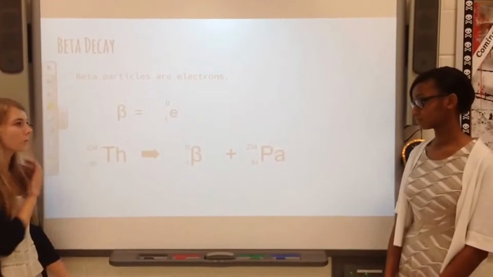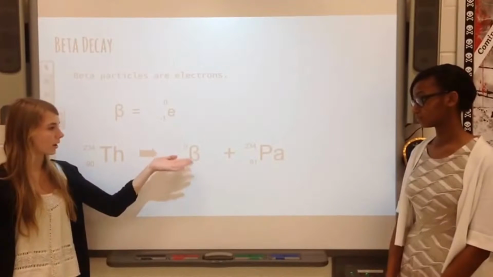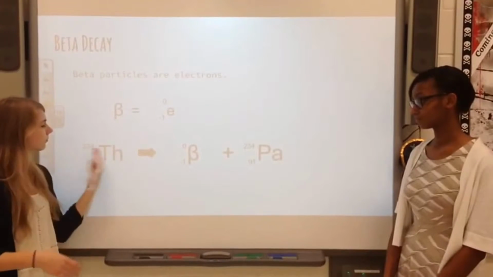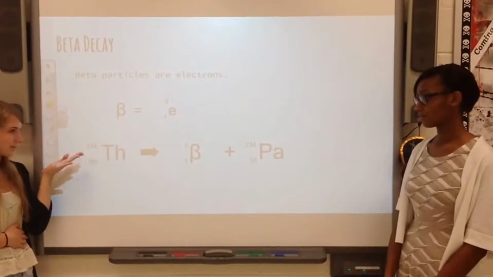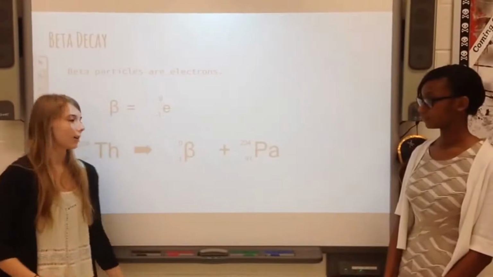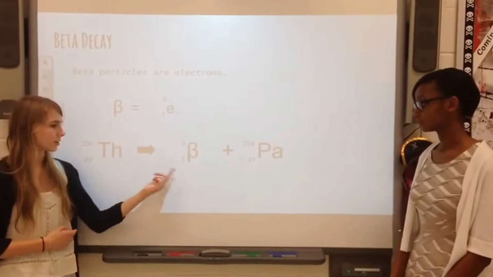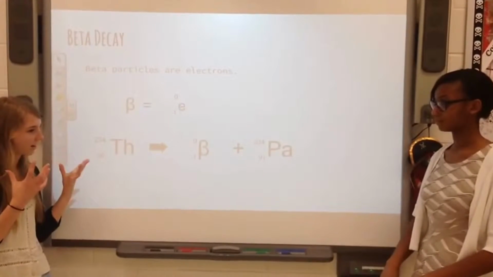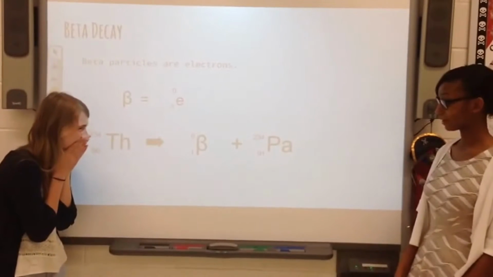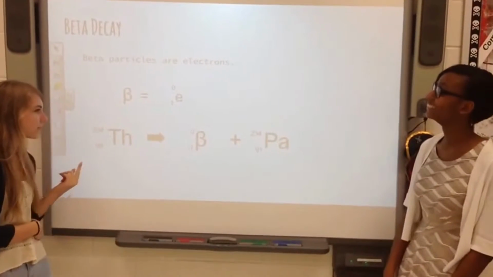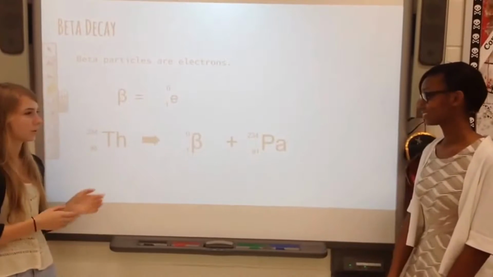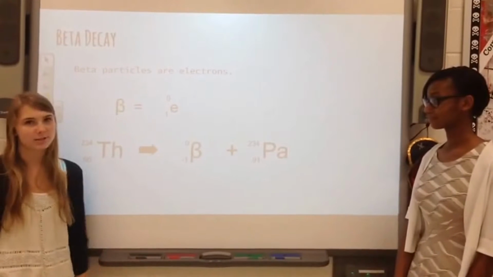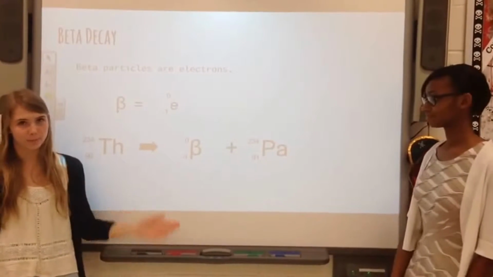Because electrons have no mass, the atomic mass stays the same on both sides. But because there is a charge, the atomic number changes, and because the atomic number changes, the element also changes. So it changes from thorium to polonium.